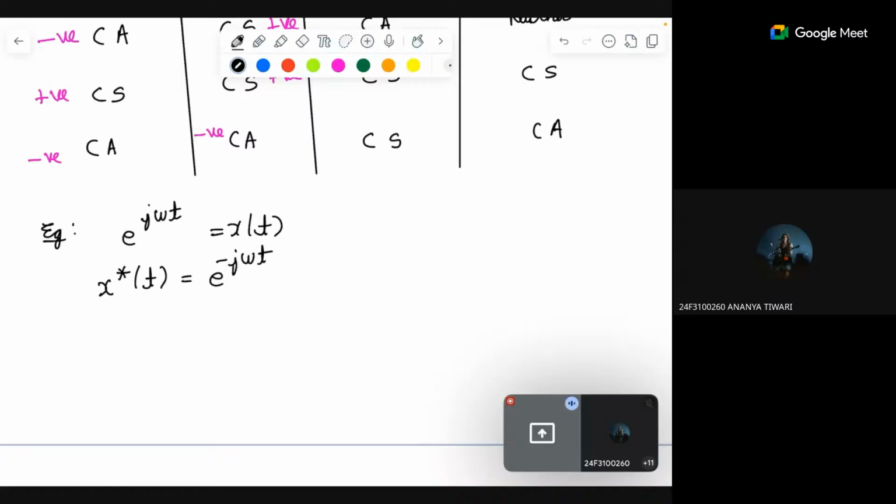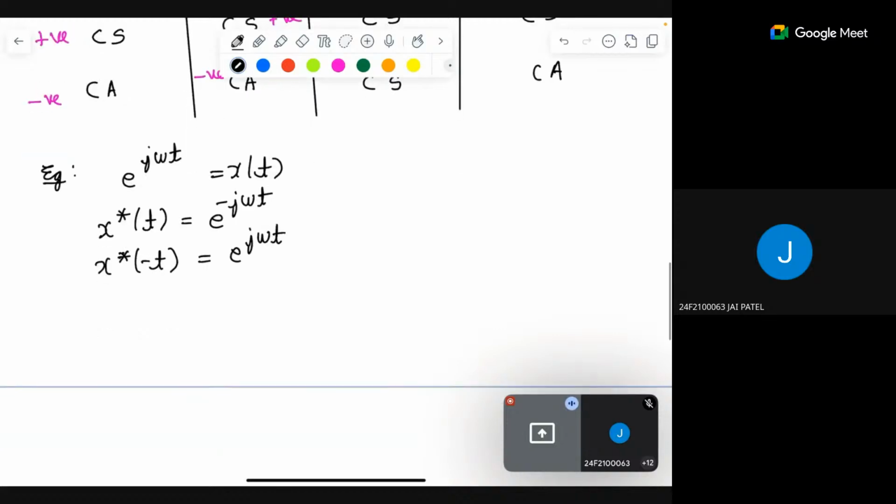Is this fine? Yes, ma'am. Now we take the reversal of the conjugate. Reversal means t is replaced by minus t, so we get back e raised to the power of j omega t. What do we see? x(t) is equal to x star of minus t. This is the condition for conjugate symmetric. So e raised to the power of j omega t is conjugate symmetric.